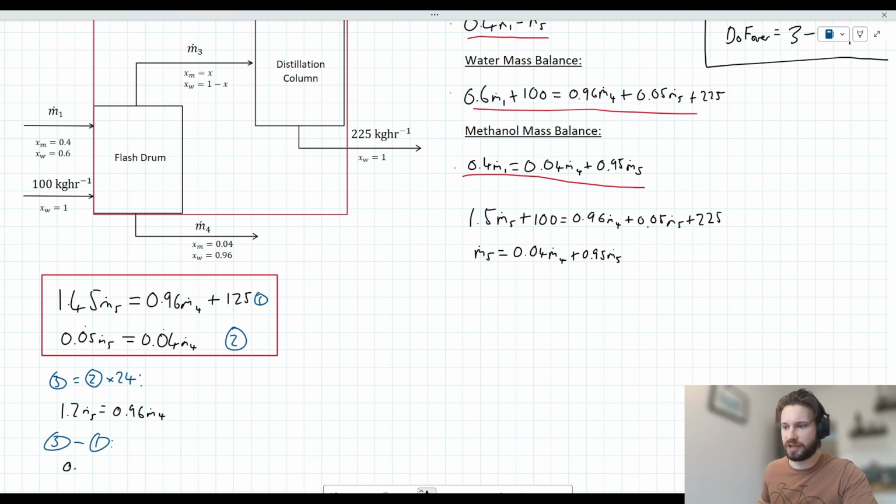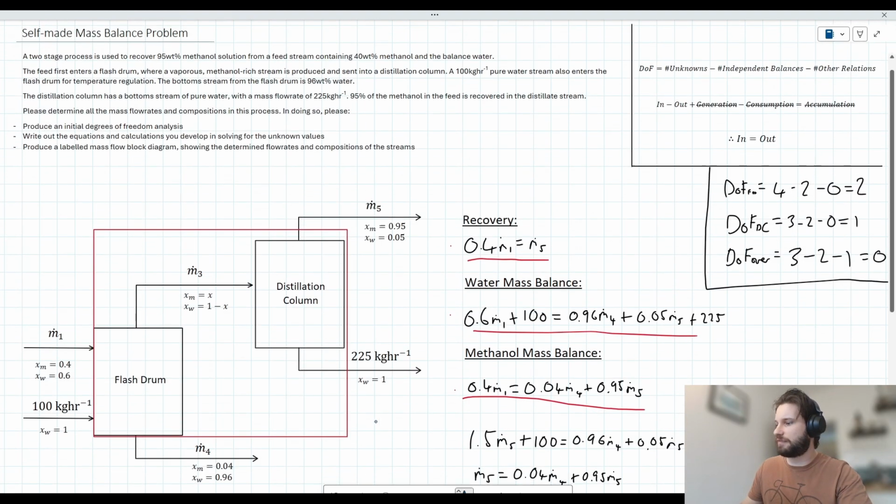And so we obtain 0.25 m5 equals 125, because we note that the m4 terms have eliminated each other. 0.25 m5 is solvable by inspection. If we multiply both terms by 4 here, which gives us 500.